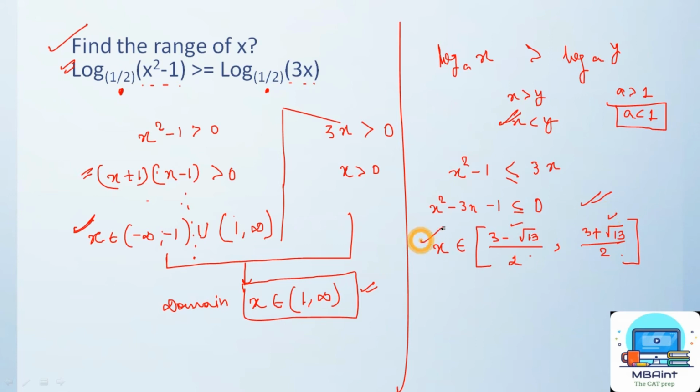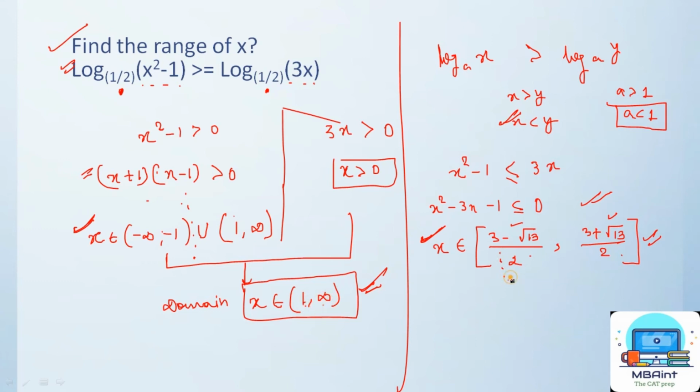So I'm getting a lot of things in this question. I have solved the inequality now, but I know that the solution is going to be the intersection of all, right? I have the final domain here, and I have the solution here, but the ultimate solution is going to be common to both. The domain says from 1 to positive infinity, but here it's negative.